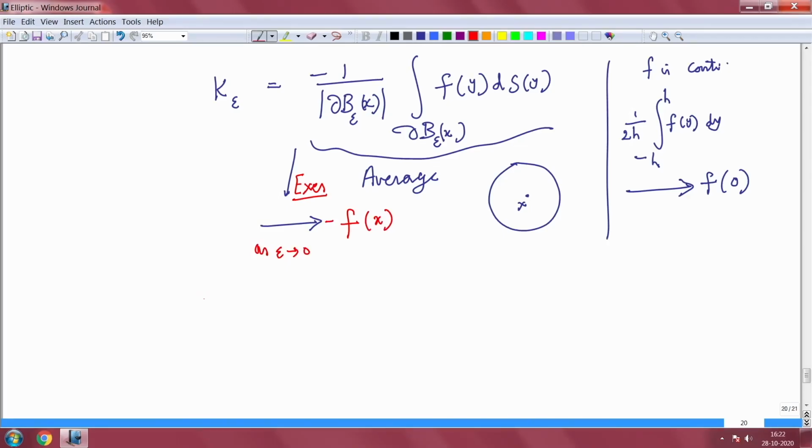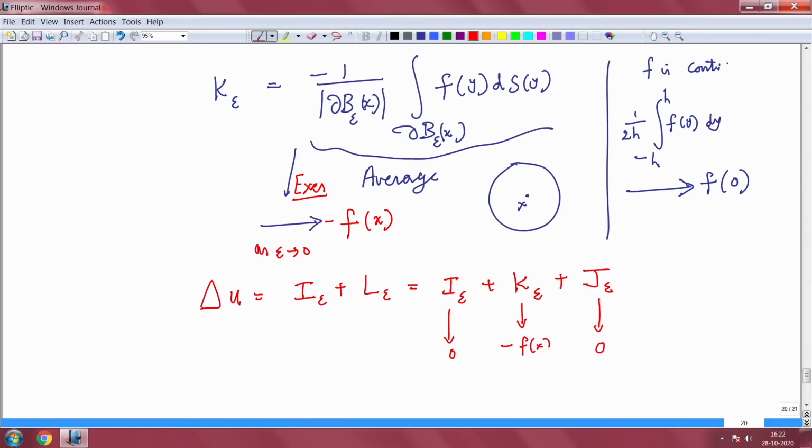So, what you have written is Laplacian of u equal to I epsilon plus J epsilon. Recall I epsilon plus L epsilon, that is how we started with it, and then that is written as I epsilon plus k epsilon plus j epsilon, and you have seen that this goes to 0, this goes to 0, and this goes to minus f of x.